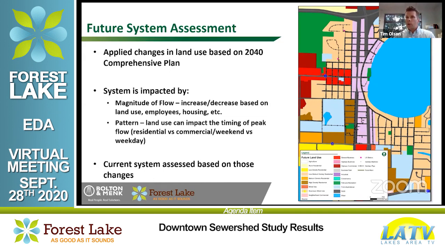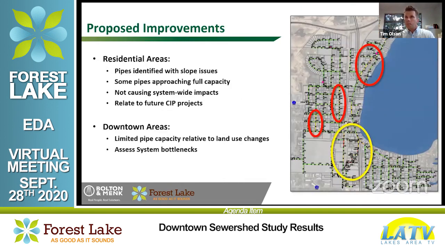As we talked about before, residential and commercial have much different patterns. Also, weekend versus weekday patterns are much different, especially when we have tourism and other things near the lake. And so monitoring and tracking those types of patterns are really important too. And then we can reassess the current system and make some proposed solutions based on that capacity.